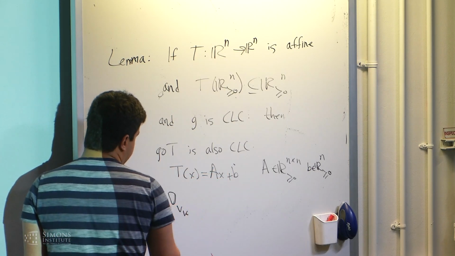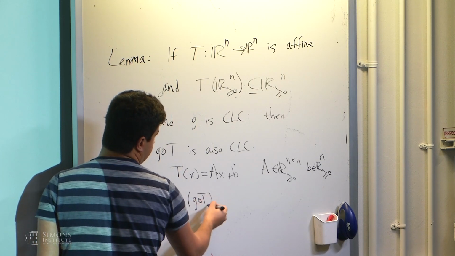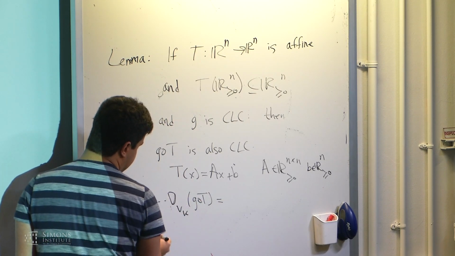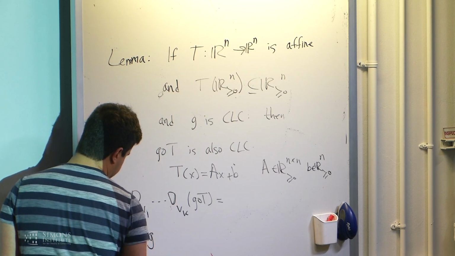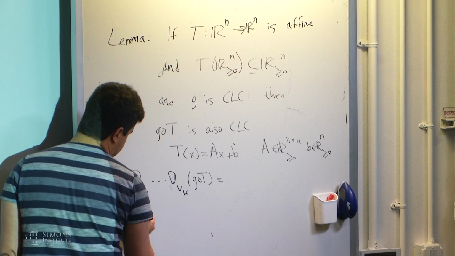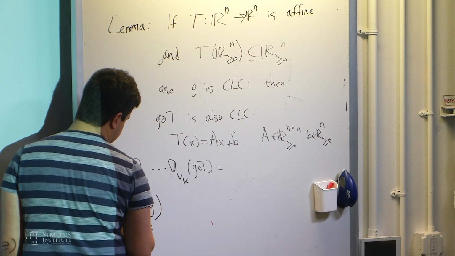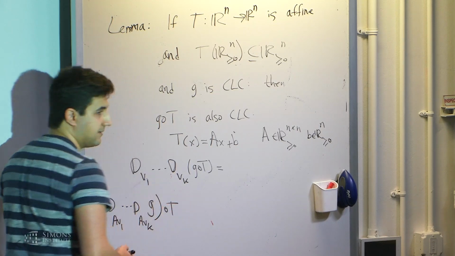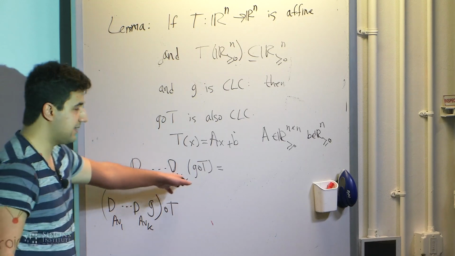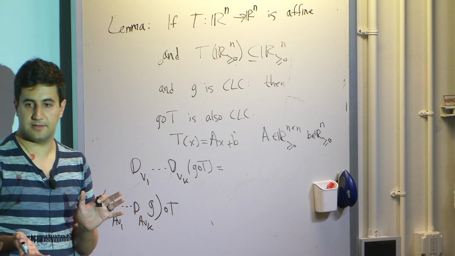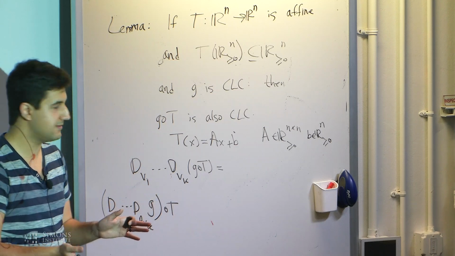So when you apply a bunch of directional derivatives to basically G composed with T, using chain rule, you can write this as partial derivatives along AV1 up to AVK applied to G composed with T. Now, if V1 through VK were elements in the positive orthant, AV1 up to AVK would also be elements in the positive orthant.